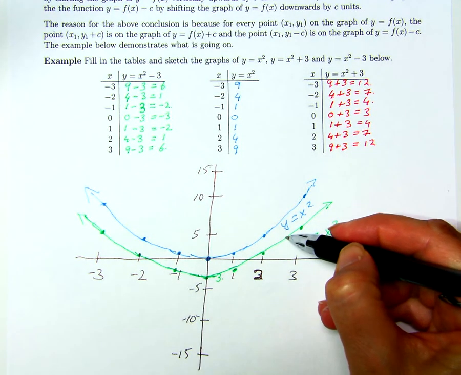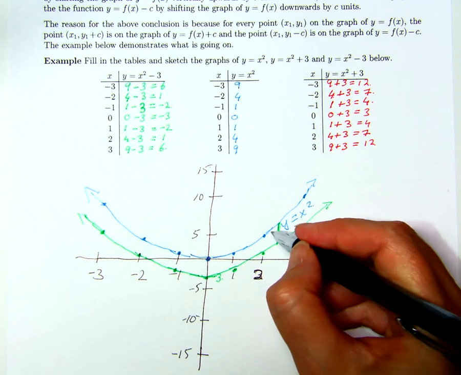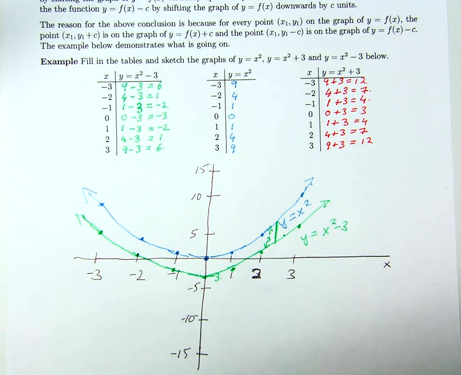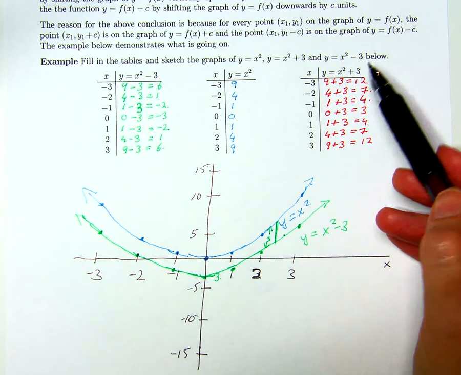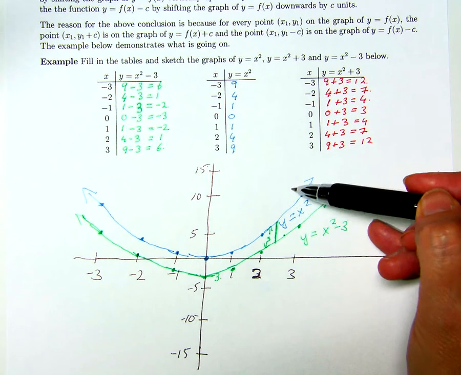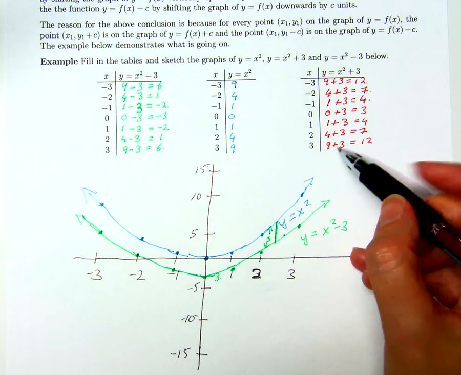So we see the graph of y equals x squared - 3. Every point here for any given x is exactly 3 points below the corresponding point on the graph of y equals x squared. And similarly, for the graph of y equals x squared + 3, every point here is 3 points above the corresponding point on the graph of y equals x squared.